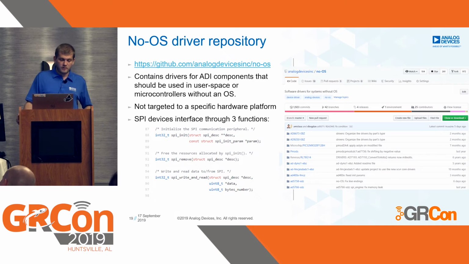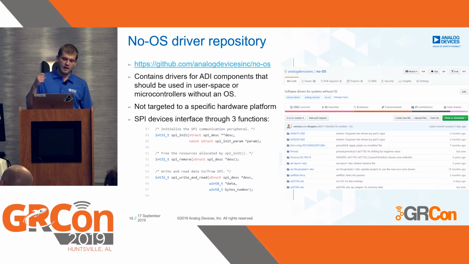The NoOS driver repository contains a bunch of ADI drivers for a bunch of ADI components that are not meant to be run on devices that have OSs. So it's like bare metal drivers for microcontrollers or for the user space. On the bottom left, you can see the API that is used.